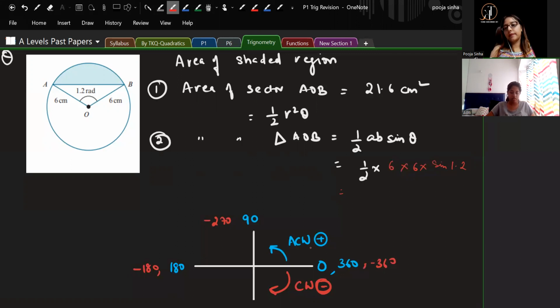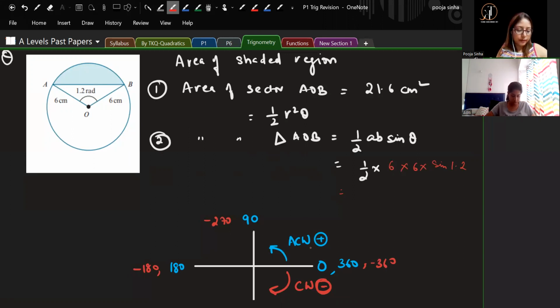So what do I have to do? Change the mode in the calculator, because your calculator is taking degree mode. So the calculator thinks 1.2 is in degrees, but you have to tell the calculator that no, it is not degrees, it is in radians. Okay, just give me a moment.